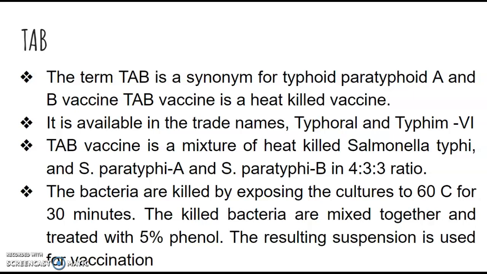The killed bacteria are mixed together and then treated with 5% phenol. So first it is killed by exposing to a high temperature, 60 degrees Celsius for about 30 minutes. Then, to remove its virulence, it is further treated with 5% phenol and the resulting suspension is used as the vaccine.